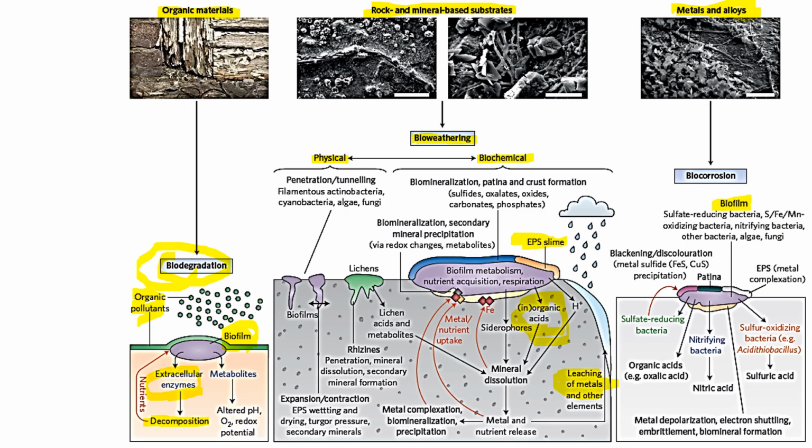And the next type is especially by filamentous organisms. Like a plant has roots, how it is able to break down our compound walls, concrete walls, filamentous organisms such as actinobacteria, fungi and algae usually tunnel the rock particles and break them down, and then they penetrate and absorb the metal ions from the mineral substrates.